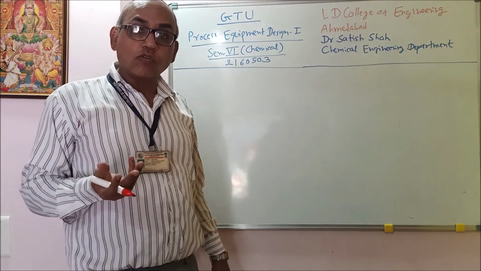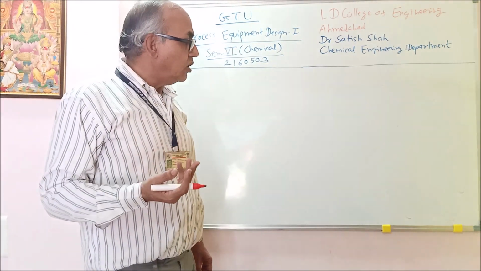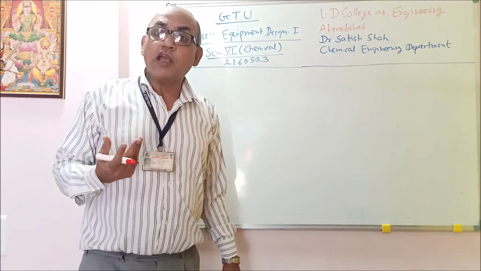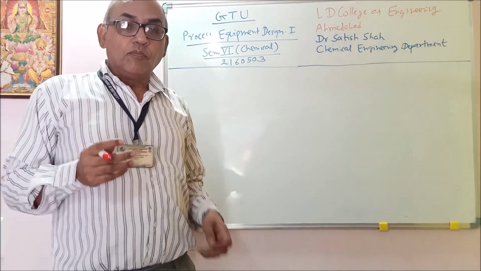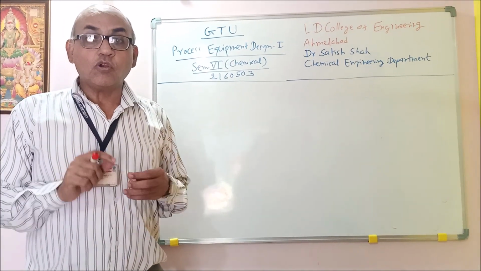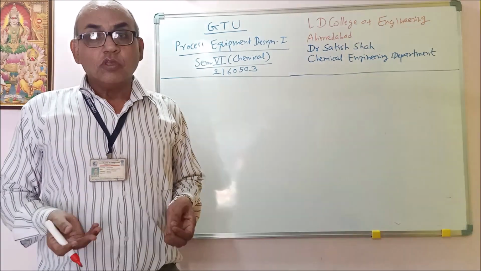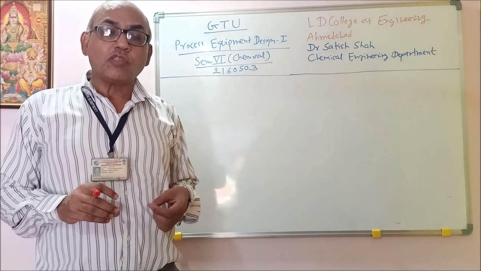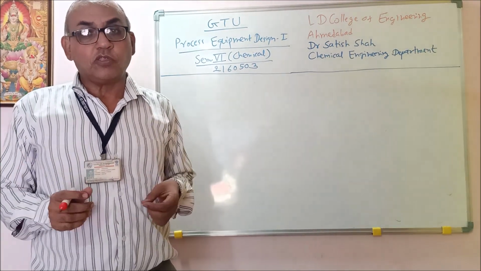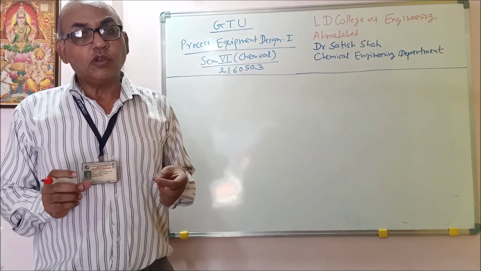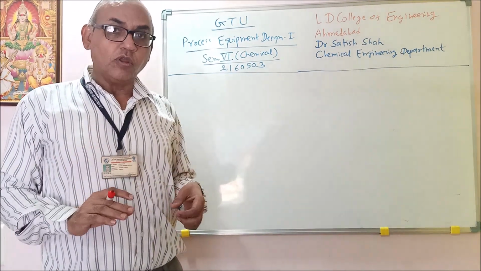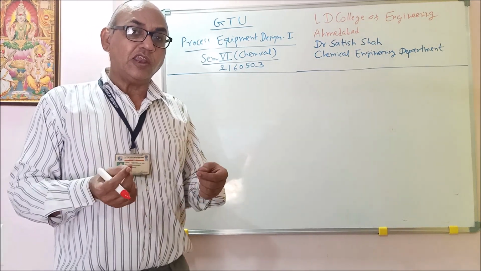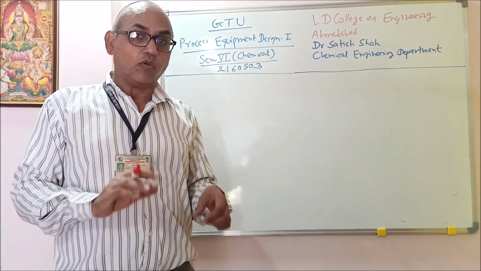Similarly on the shell side, when you find the pressure drop high, what will you do? We know that pressure drop on the shell side is controlled by the baffle spacing. So if you are getting high pressure drop on the shell side, you have to increase your baffle spacing. But remember, when you increase your baffle spacing, your shell side pressure drop will go down, but at the same time your shell side heat transfer coefficient will also go down.